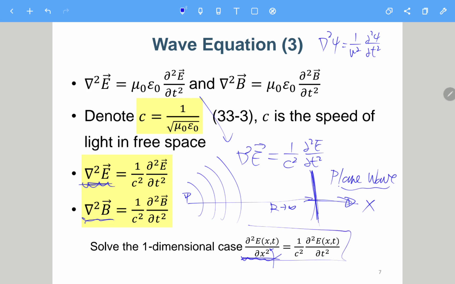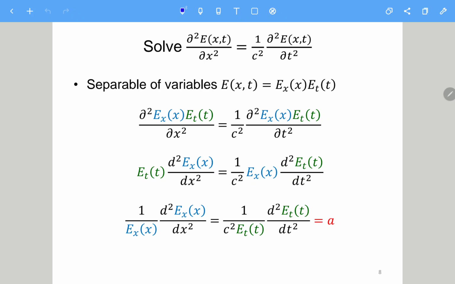Okay, so we will try to solve this one, which is not that difficult. Here we will use a technique for solving partial differential equations called separation of variables, 变数分离. You may ask why we need to do this. The reason is that it might work for some simple partial differential equations.